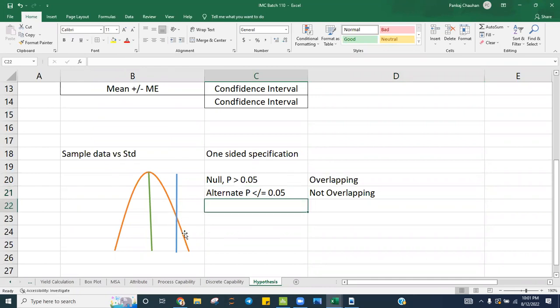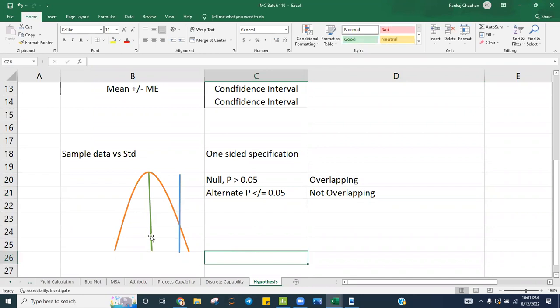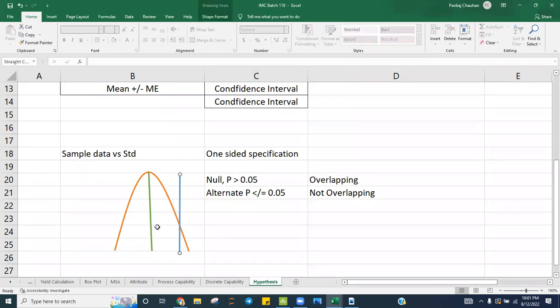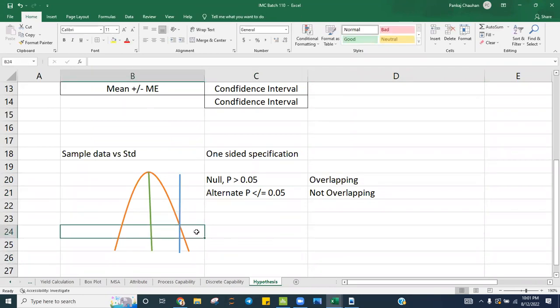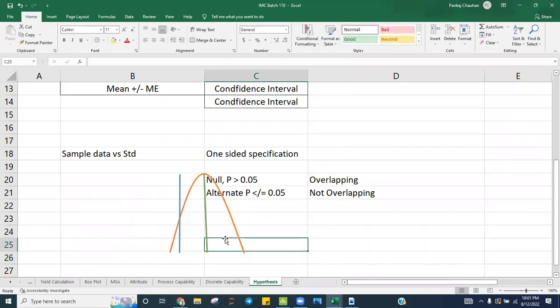If this value, suppose this is the target, here you will say you are meeting the target. Statistically, mathematically may not, because this green value is away from the blue line. If this value goes here, mathematically you are more than the target. Statistically, you are meeting.